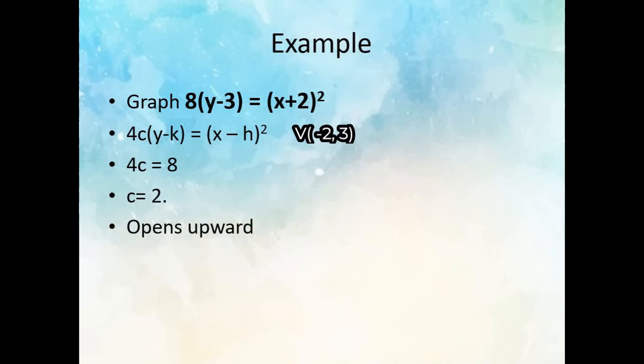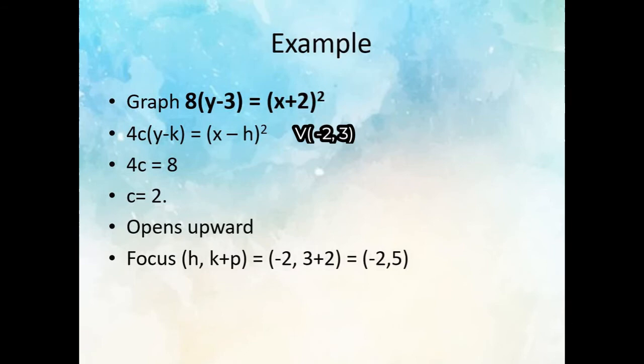So it opens upward. The focus is (h, k + c), which is equal to (−2, 3 + 2), which is equal to (−2, 5). The directrix is y = 3 − 2, which is y = 1.